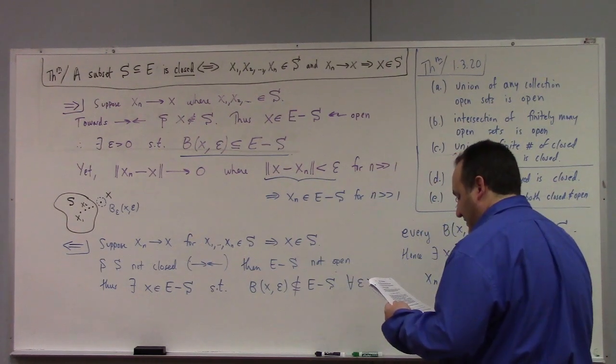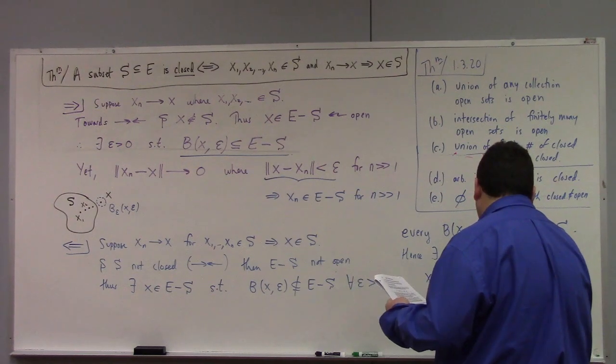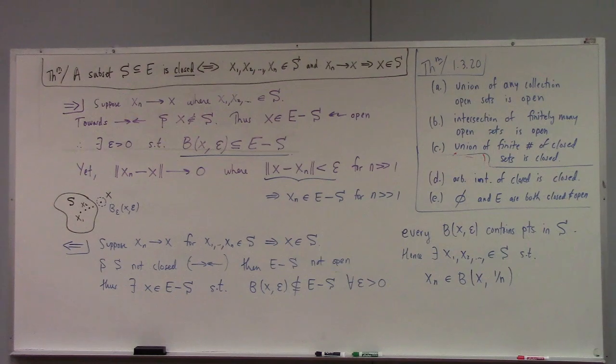So he's going to pick a particular epsilon here, and this is pretty much what they always pick. In these kinds of constructive arguments, they always just put epsilon equal to 1 over n. I'm noticing this again and again. This is the way we prove things in here. Okay, so let's go through this again.